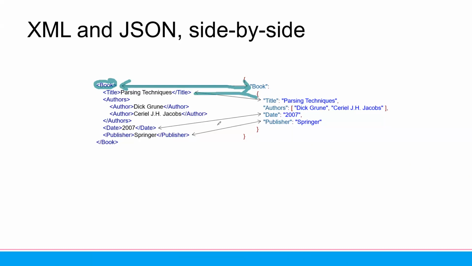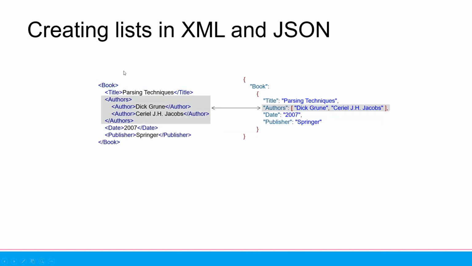So all of them are the same, but only the format is different. For the authors, again, the definition is a little bit different, because in JSON, we use an array to represent multiple authors. So if you have multiple values in one attribute, you can use an array.